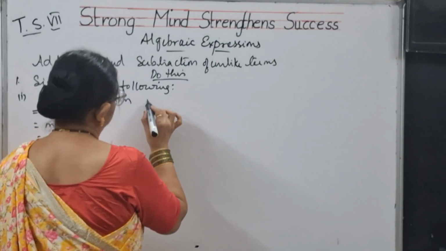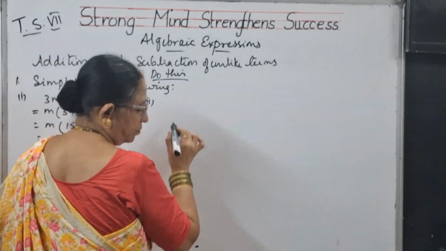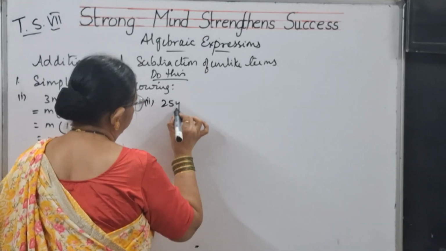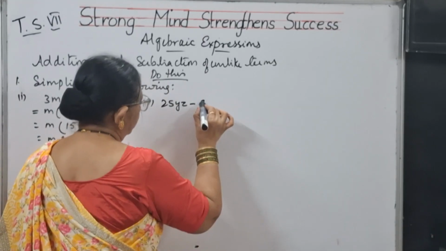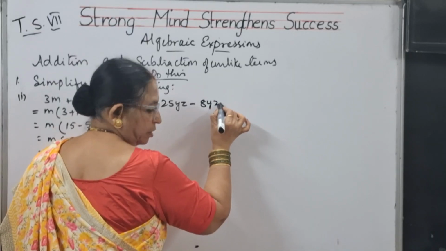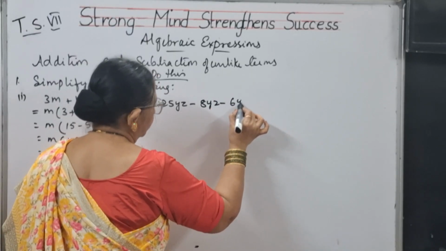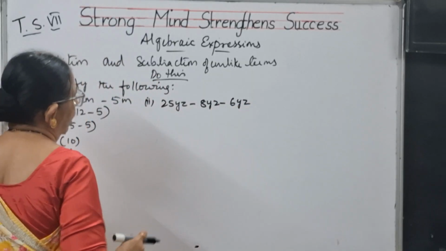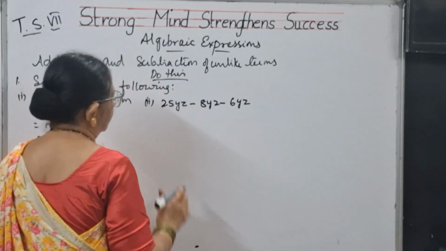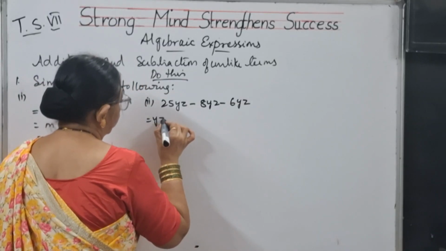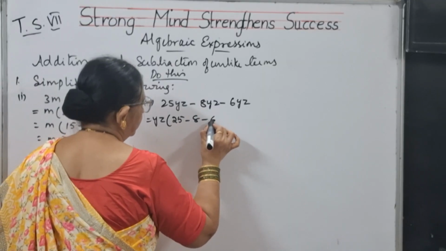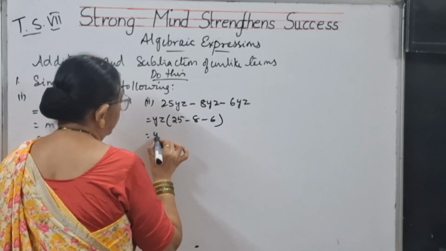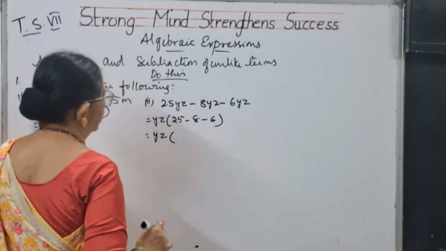Now, if you see the second bit, 25yz minus 8yz minus 6yz. Here also all are yz's, so these are like terms only. So take yz as the common: 25 minus 8 minus 6. In this case, it's different.